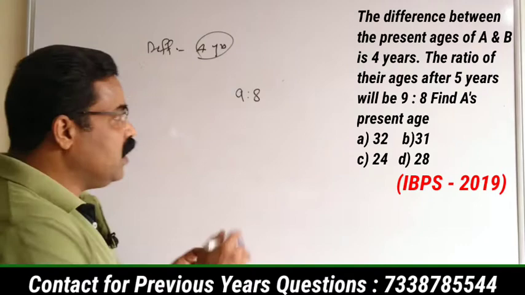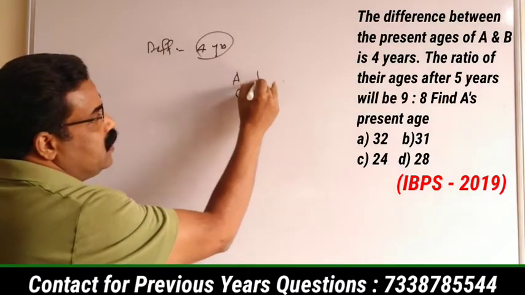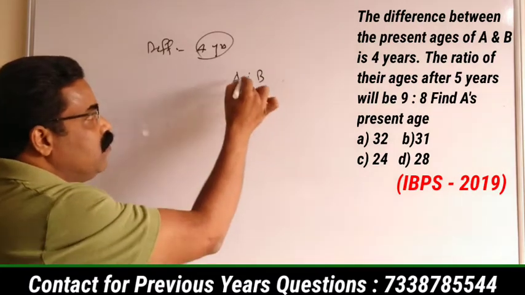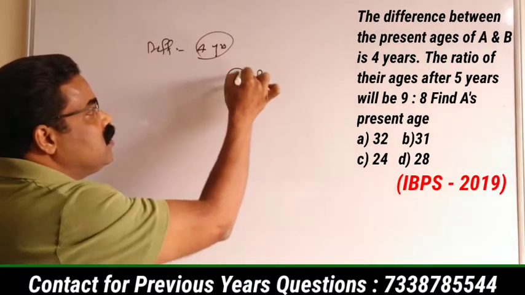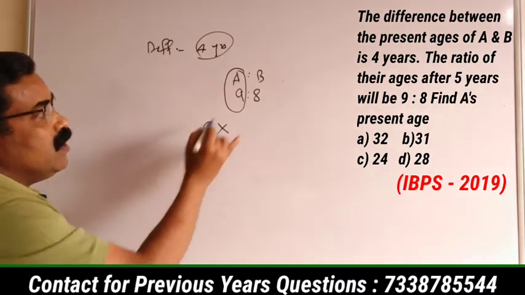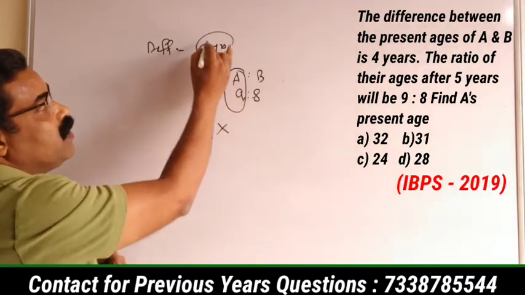So here you can say A's age and B's age are in the ratio 9:8. That means 9 parts is A's age. 9 parts means 9 multiplied by 1 part.